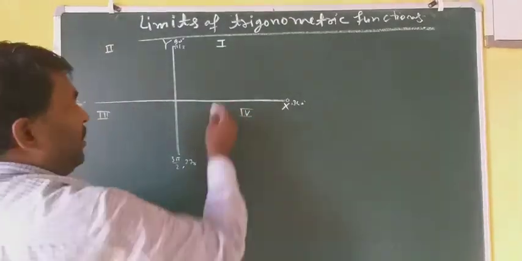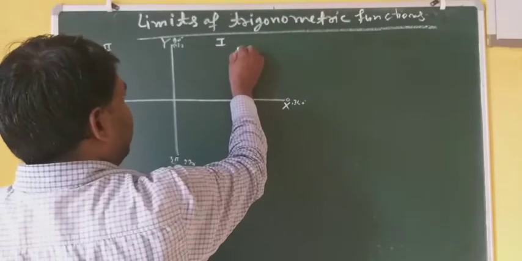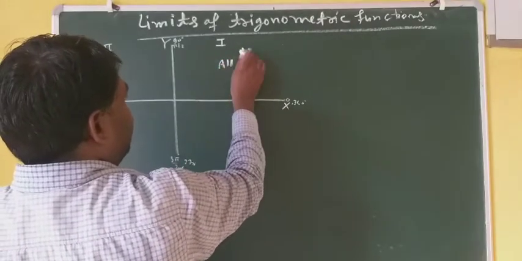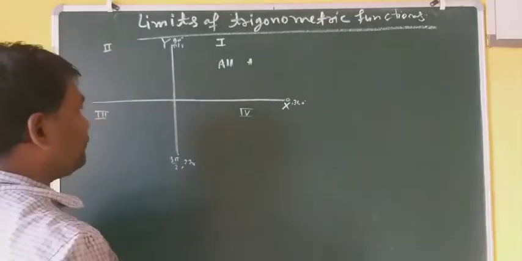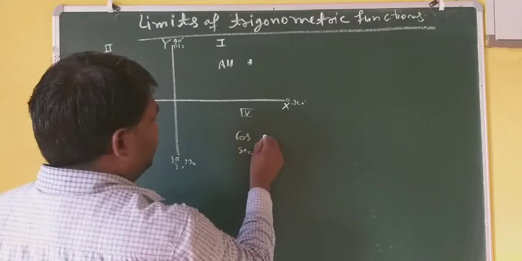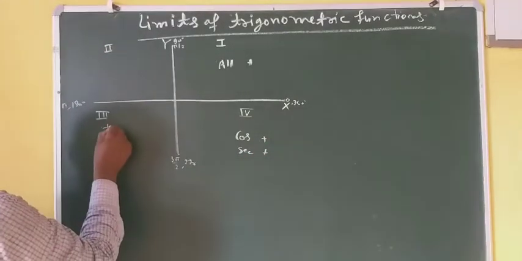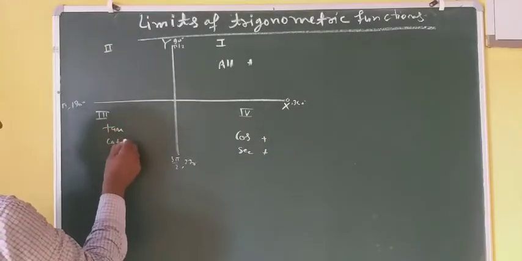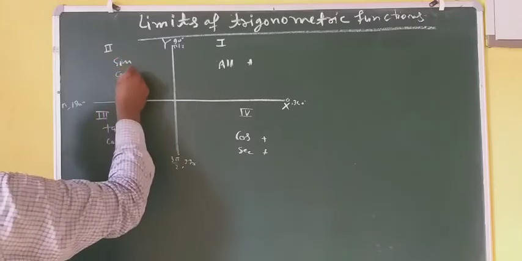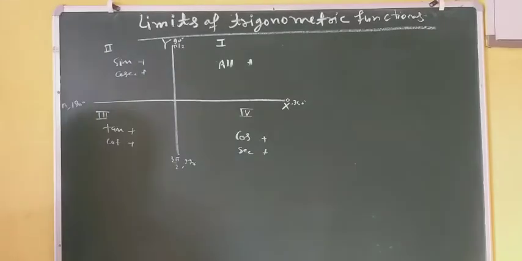Here all trigonometric ratios are taken as positive. Here cos and sec are taken as positive. Here tan and cot are taken as positive. Here sine and cosec are taken as positive.